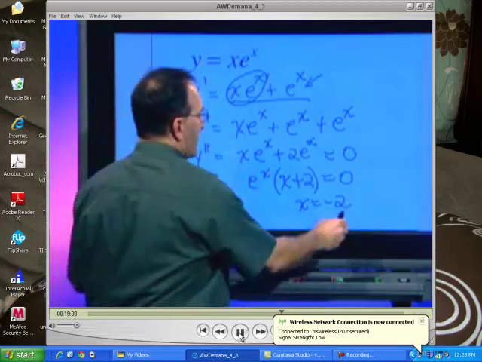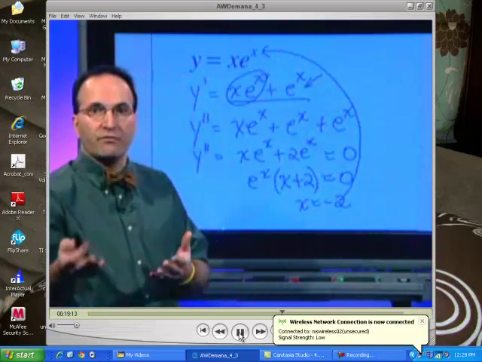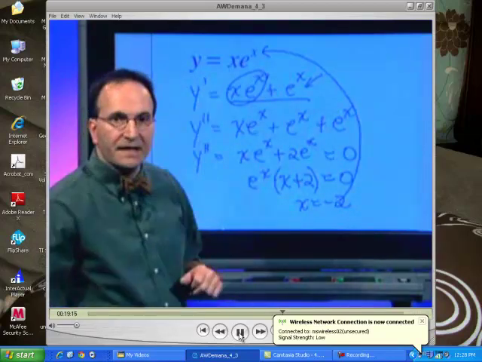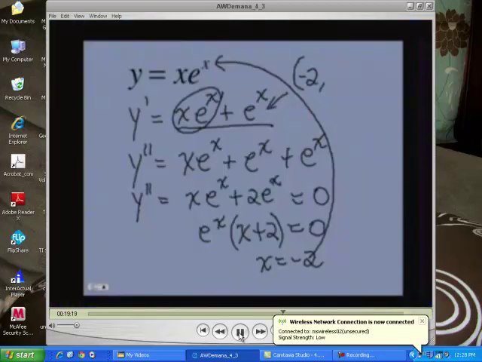I need to take this number and plug it back into the original function, y equals x times e to the x. So my point of inflection would be this. Negative 2 is the x value, and the y value, I plug negative 2 in here and here, so I get negative 2 e to the negative 2. And that's my point of inflection.